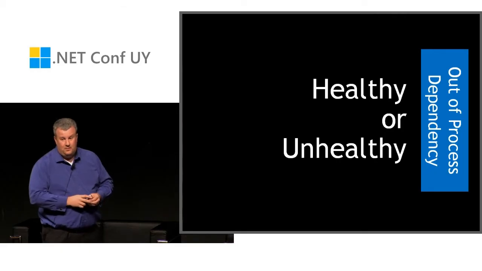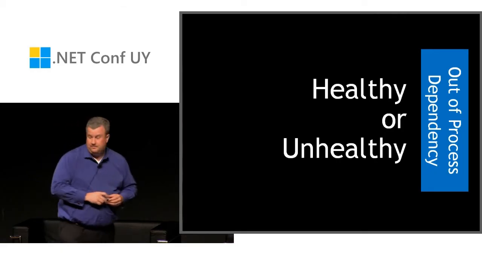If it's a web API or an ASMX, we can just go and say, give me something. And we may get a 404, we may get a 200, but if we're not getting a 404, that's good. It's healthy probably then, right? Or at least it's initially healthy. So we can make that determination of healthy or not healthy on our dependencies.